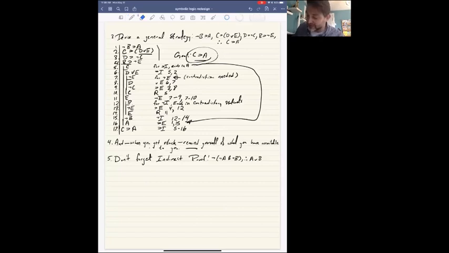So let's see indirect proof at work in this proof. What we're given here is at step one, it's not the case that A and not B. And our desired goal is A or B. If we're going to show this through an indirect proof, what we want to do is suppose the opposite of our goal.